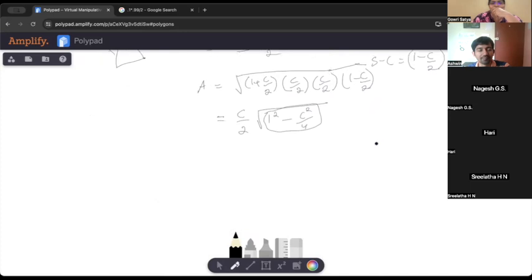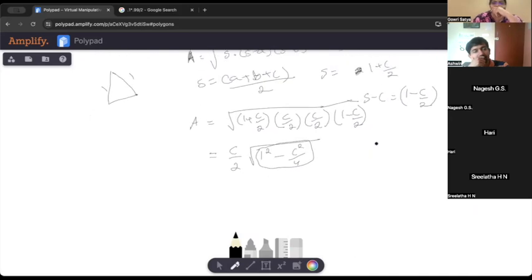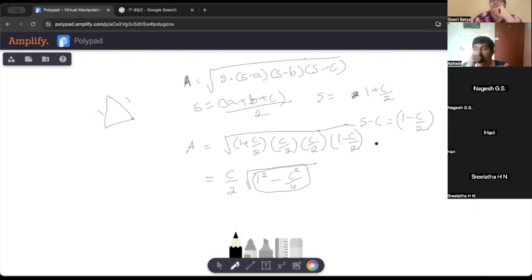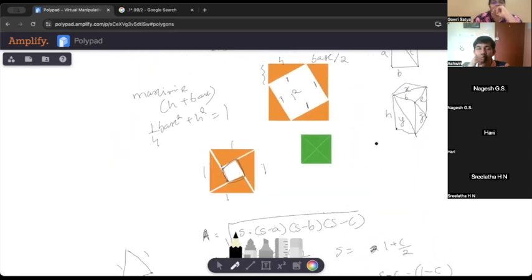Another interesting thing I found about this is that any triangle I can break into 2 right angle triangles, and I was trying to see if I can make these patterns. So you can make that rectangle, right? Yes.